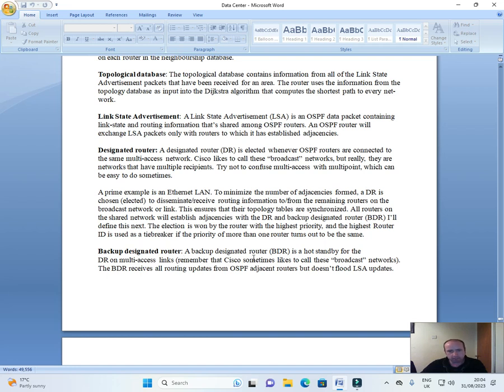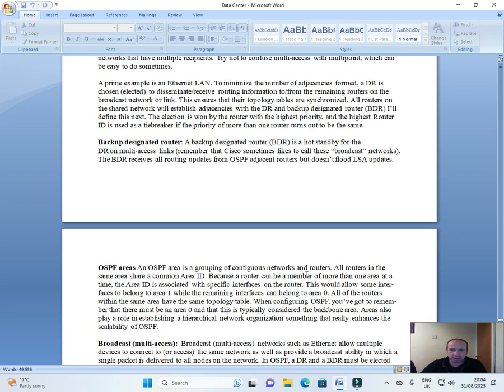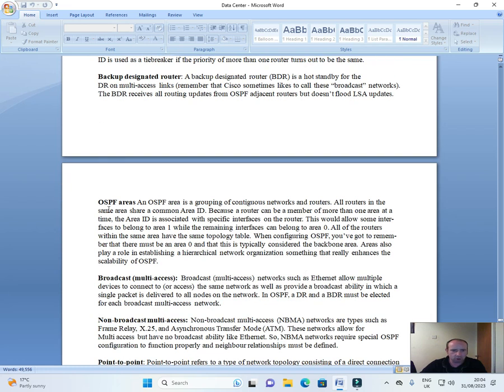A backup designated router, BDR, is a hot standby for the DR on multi-access links. Remember that Cisco sometimes likes to call these broadcast networks. The BDR receives all routing updates from OSPF adjacent routers but doesn't flood LSA updates.